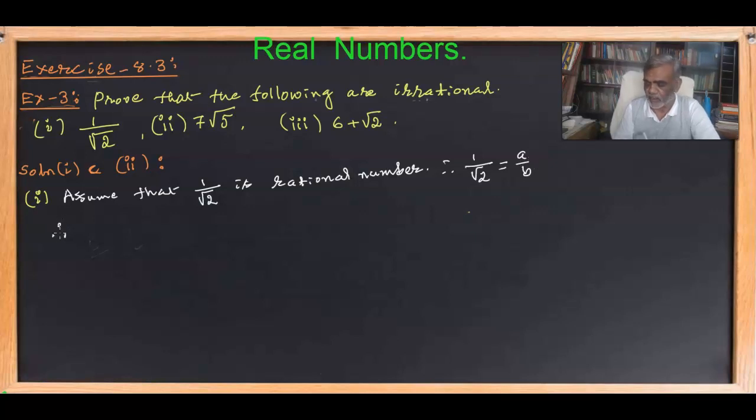Therefore, I can write root 2 is equal to b by a, that is, 1 divided by a by b is b by a, which implies root 2 is rational.